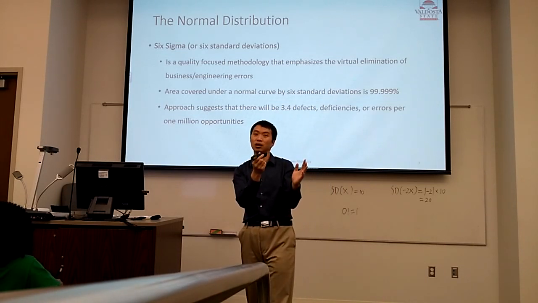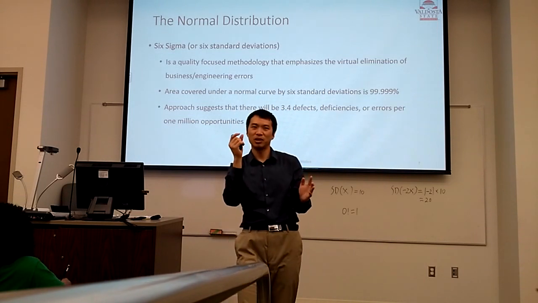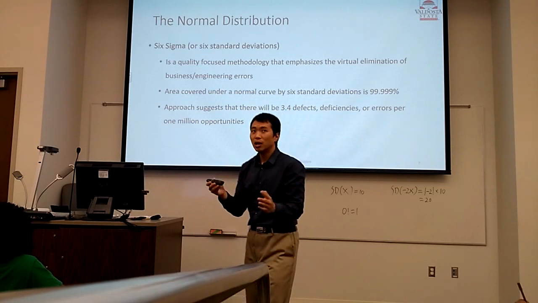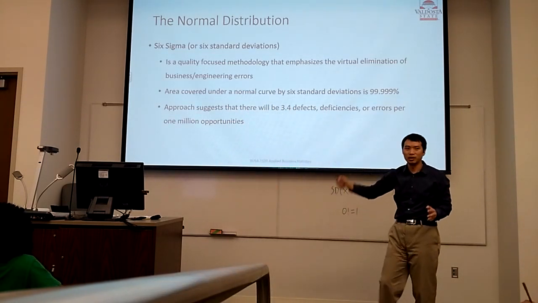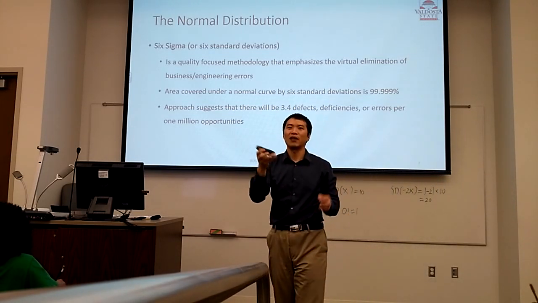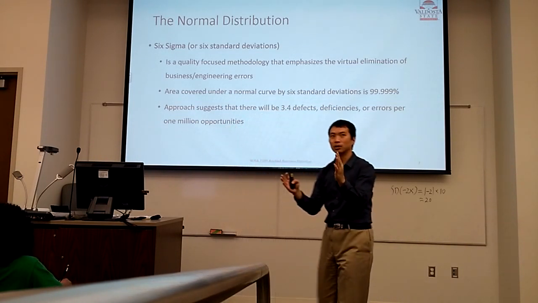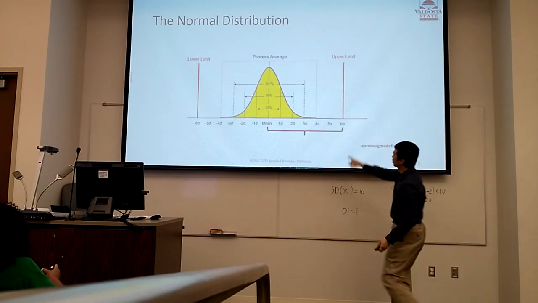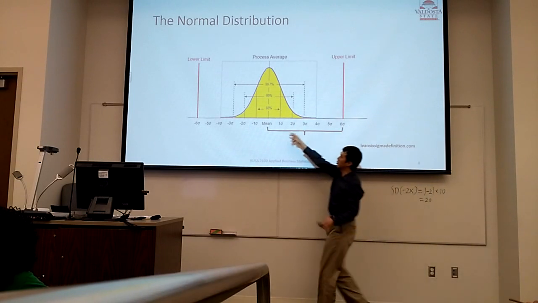For example, for this clicker, my target is 3 inches and I have some standard deviation, but I need to make sure that 99.99999% of my products have lengths within the Six Sigma area. For example, the mean is 3 inches.